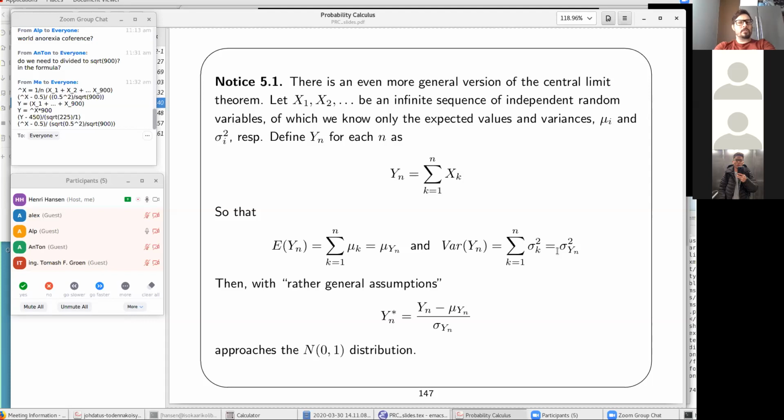we need some rather general assumptions, ones that, for instance, make this not pathological. For example, it's not pathological in the sense that these expected values converge towards 0 in such a way that the sum of the expected values converges to some limit, or that the sum of variances converges to some limit.